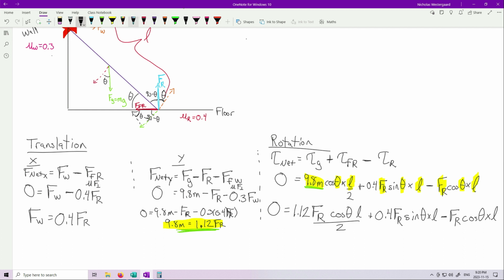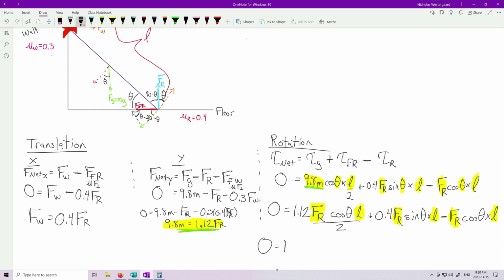What I can see now is every term has FR and every term has L. If every term has those, we can factor them out.